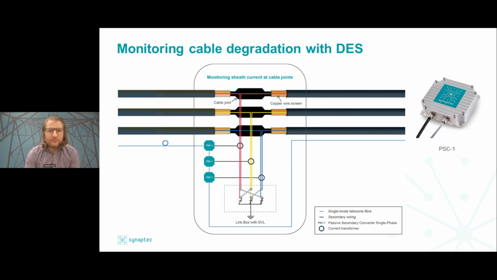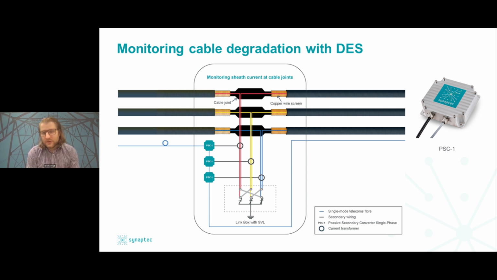What we're doing here is we put CTs around the coaxial cables that go into the link box, and then we connect our passive sensor technology to the secondary output of those CTs. And this allows us to collect the measurements. And as Sol explained earlier, this is all done completely passively, so there's no power supply needed at this link box. It's purely passive CT on our converter box, basically.